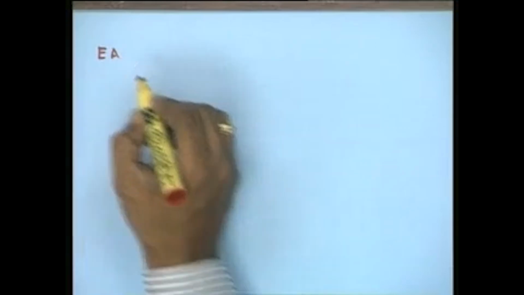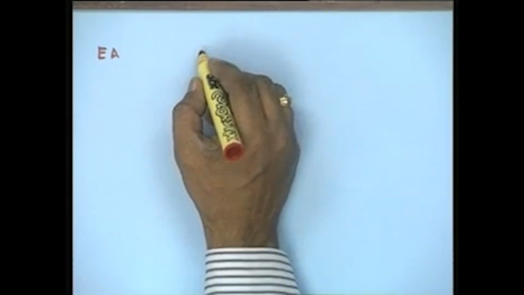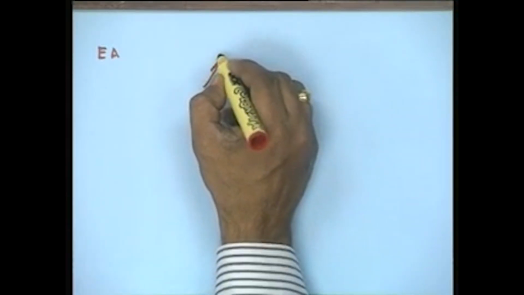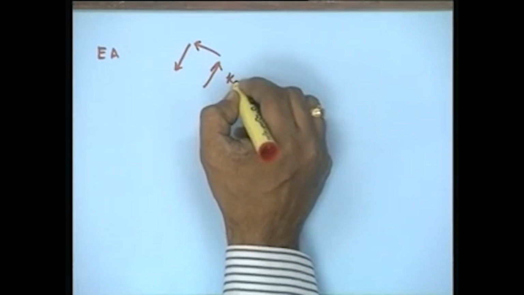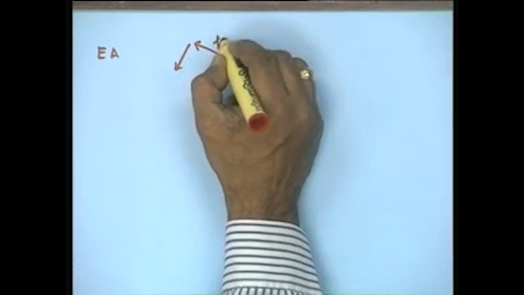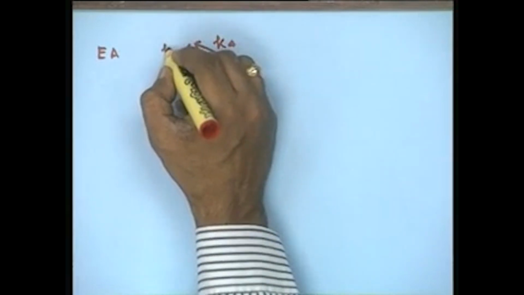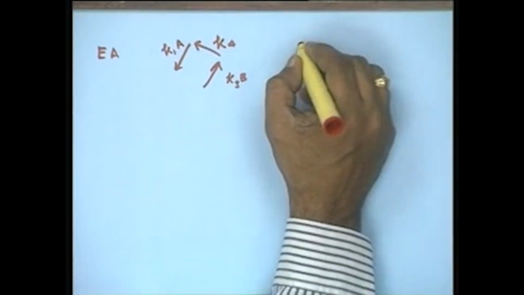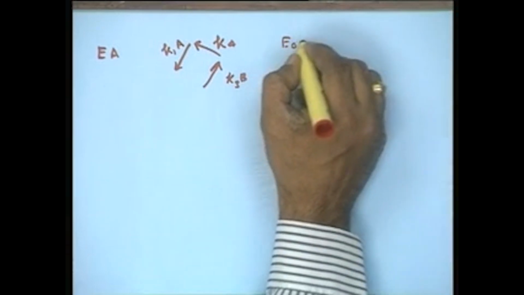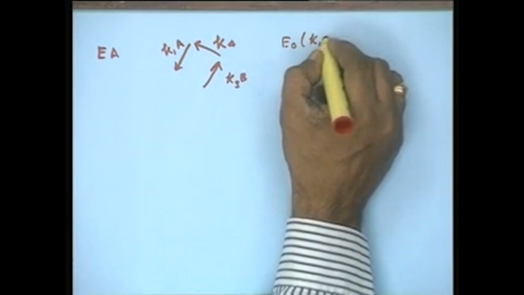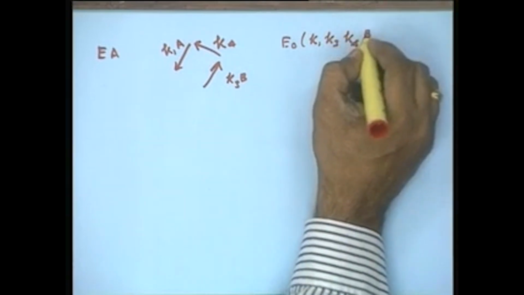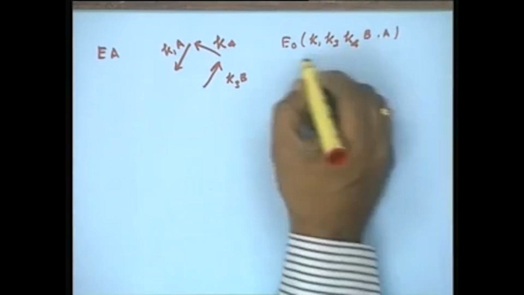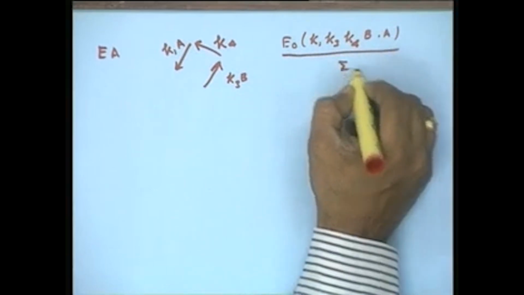Similarly for EA you will get only one pattern which will be feasible, going in the anti-clockwise fashion, that is K3B, K4 and K1 into A, and the relative concentration will be E naught, K1, K3, K4 into B into A upon sigma.